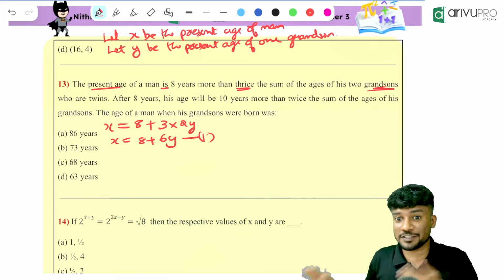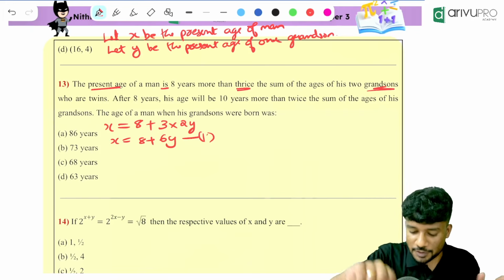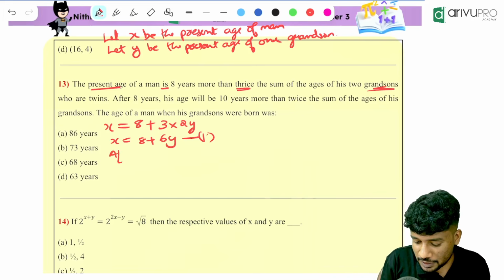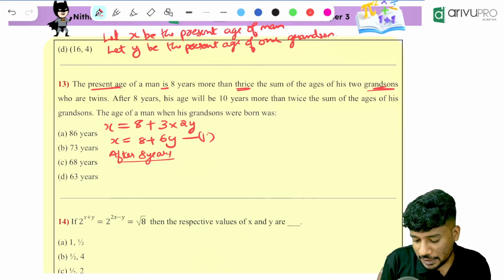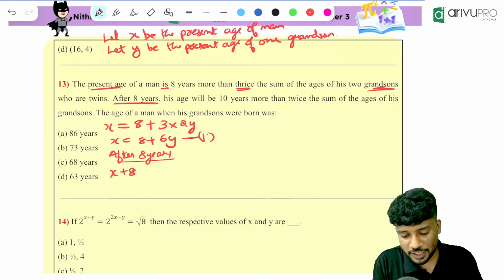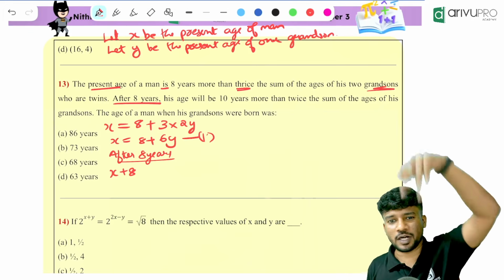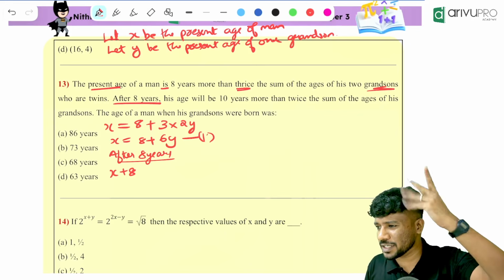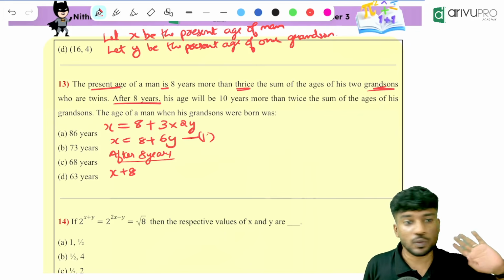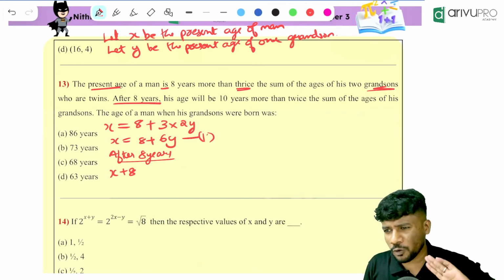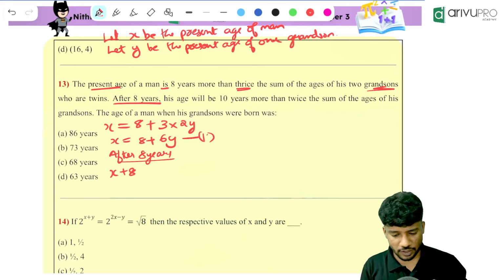After 8 years, what will be my age? X plus 8. So after 8 years, the man will be X plus 8. Okay. Till here, any doubt, tell me. One time when you solve it, next time it will be easy for you. This is only a one-time issue. Next time when you get a question, you will always approach in this manner and get the answer faster.